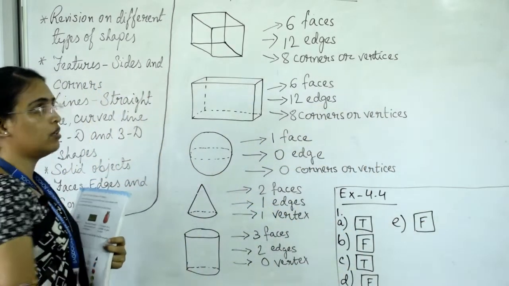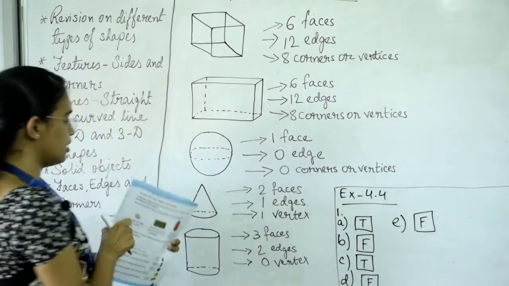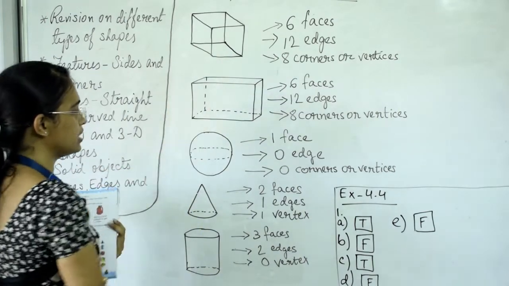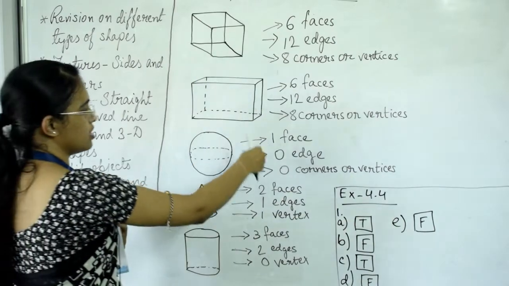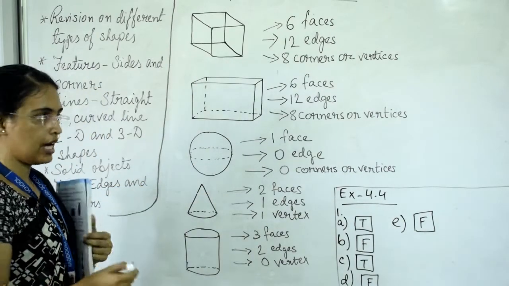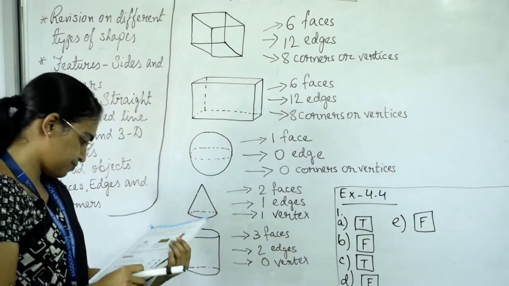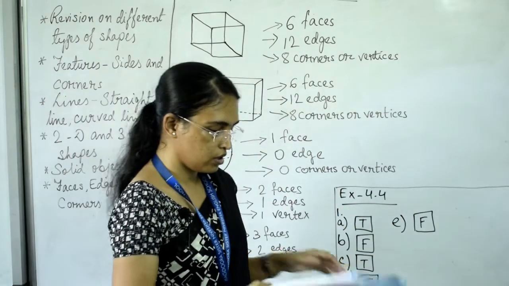So all of you learn this chart, okay? In your book, page number 44, the details about these shapes and their faces, edges, and corners are given. Learn that thing, and also learn exercise 4.4. Do this in your book.